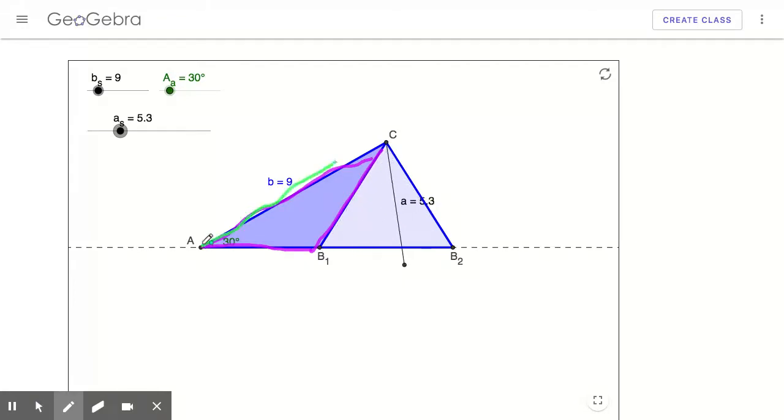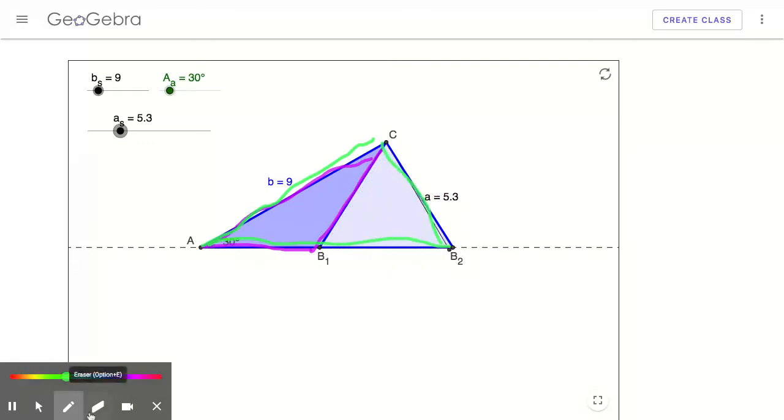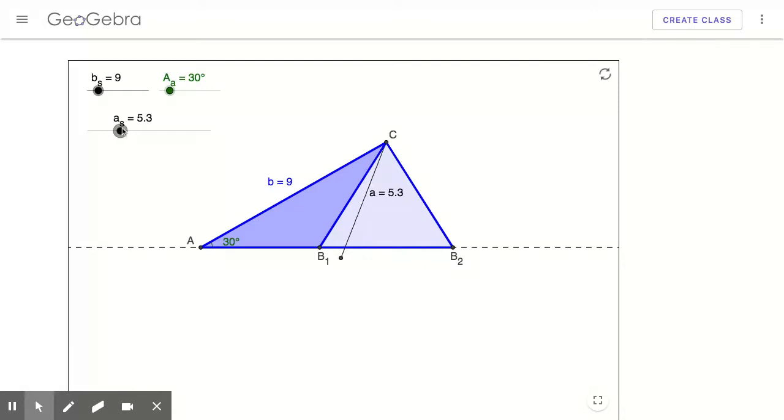Now we have this second triangle, including B sub 2. So we're still using that 30-degree angle and the 9, and this 5.3 is creating 2 different sides. Okay, that was case 3.